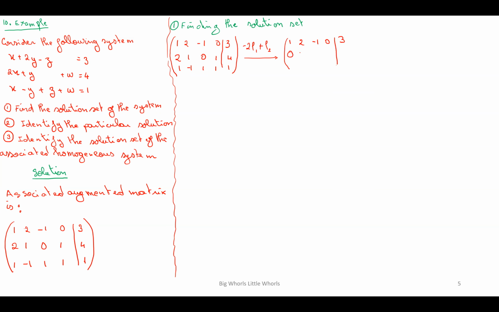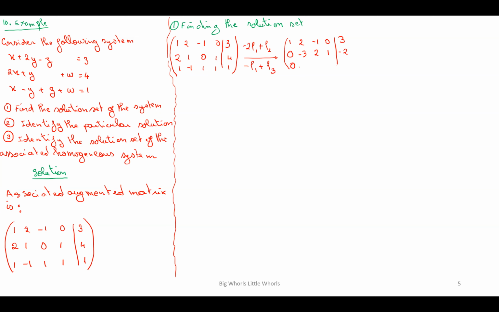The second row we have 0, minus 4 plus 1 is minus 3, and 2 plus 0 is 2, 0 plus 1 is 1, minus 6 plus 4 is minus 2. And for the third row, we do minus rho 1 plus rho 3.